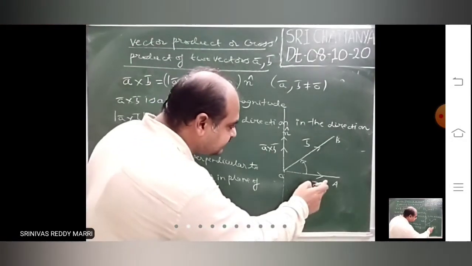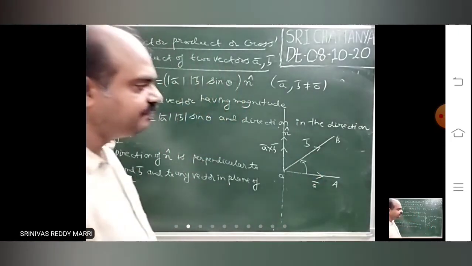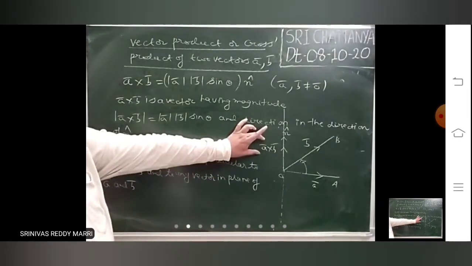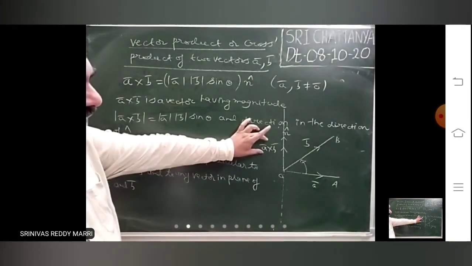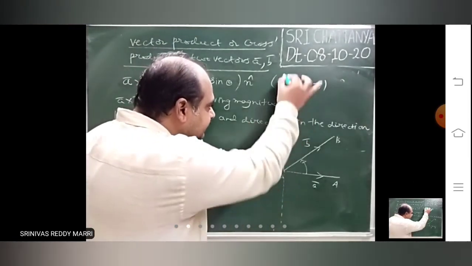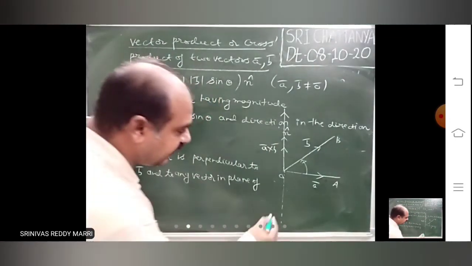That means from here you can say any vector which is perpendicular to both A bar and B bar is what? A cross B, or any vector which is collinear with A cross B. Suppose in this direction any vector is there. That vector will also be perpendicular to both A bar and B bar.